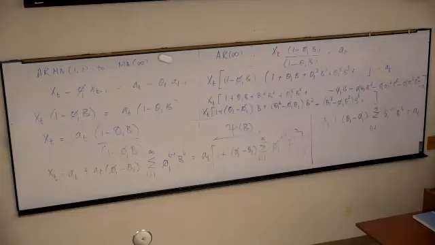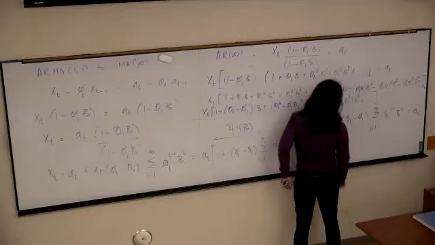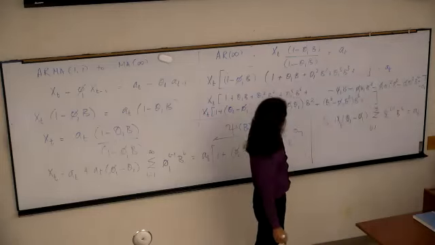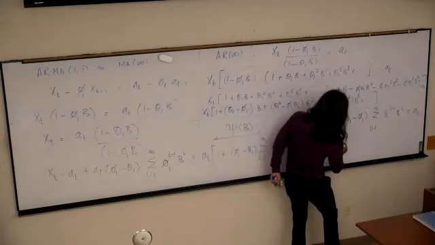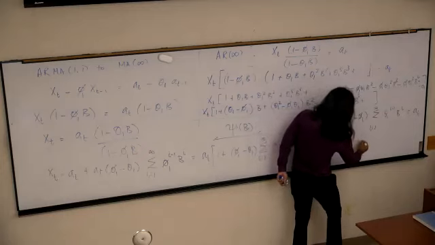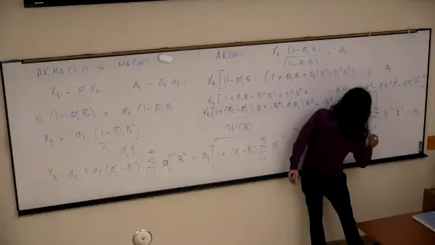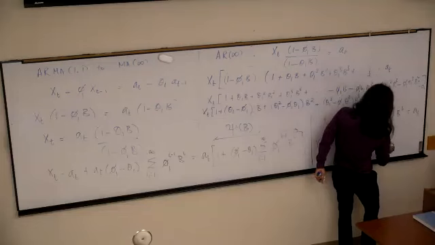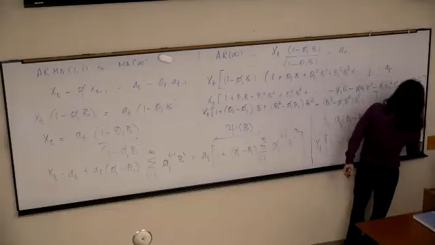I'm missing the XT part here. If I pull the XT out: 1 plus (theta1 minus phi1) sum from i equals 1 to infinity of theta1 to the i minus 1, B raised to i, equals AT.